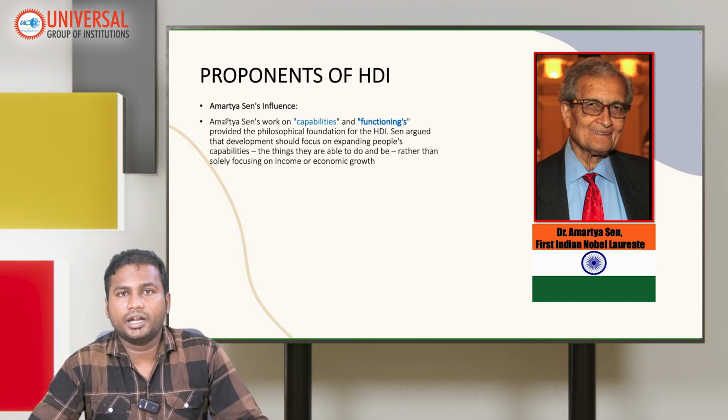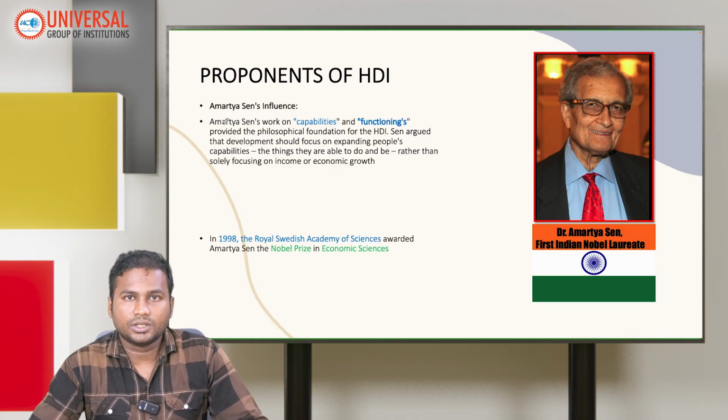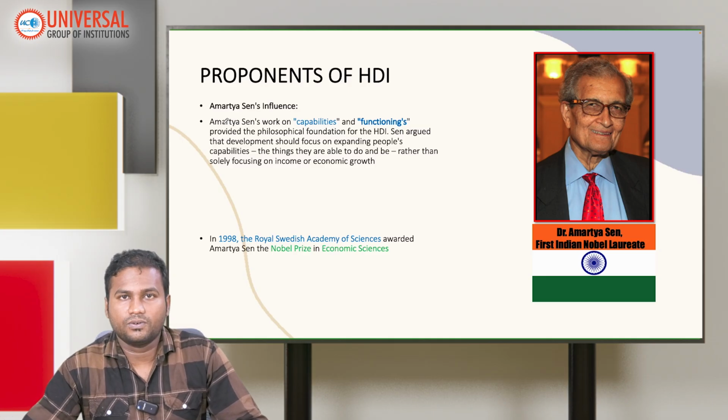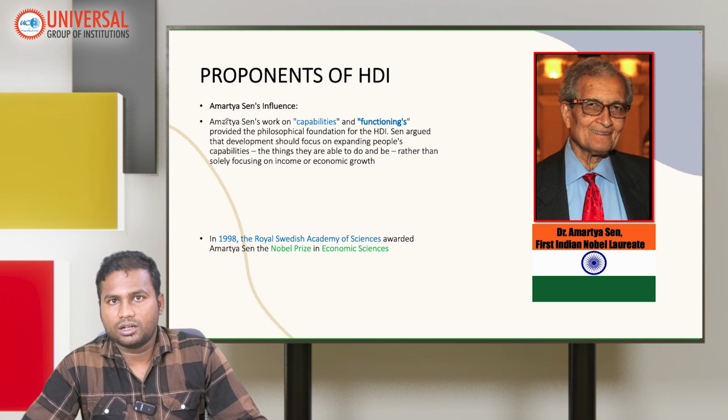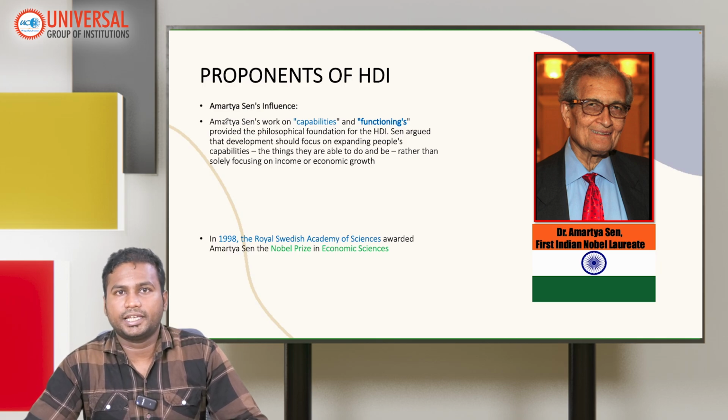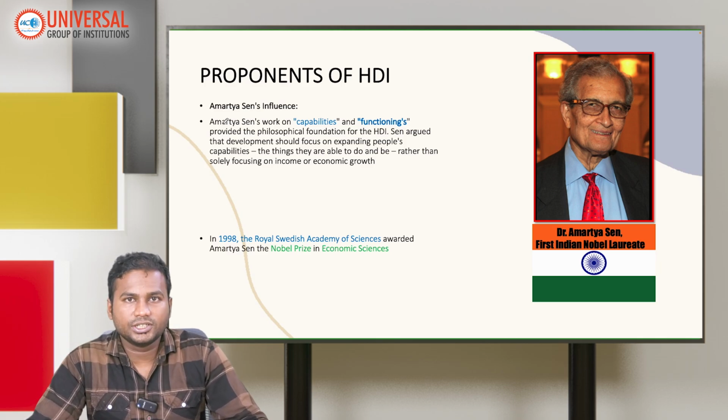The other proponent is a proud Indian, the first Indian economist to receive the Nobel Prize, Dr. Amartya Sen. He was always associated with the introduction of HDI, even though Mahbub is more closely associated with its introduction. Dr. Amartya Sen's approach, the capabilities approach and functioning approach, talks about potential human development.